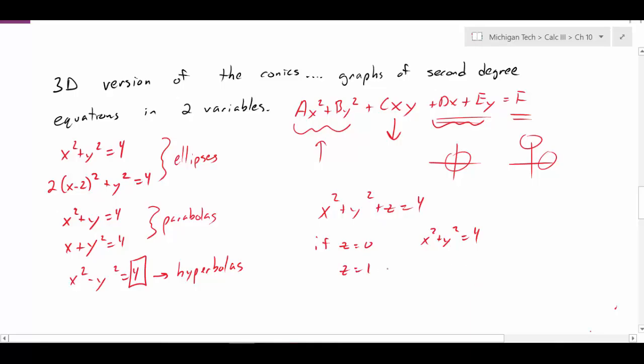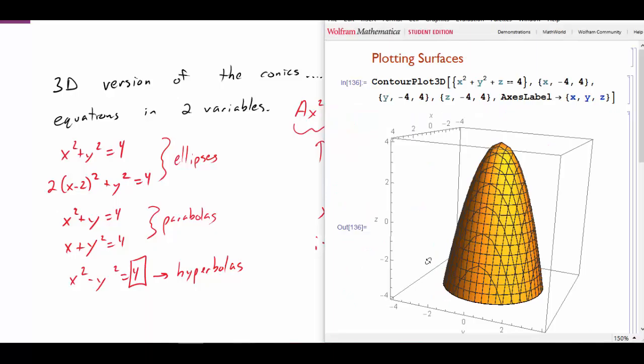And as I shift my plane up, x squared plus y squared plus 1 equals 4, or if I subtract that 1, I would get equal to 3. If z is equal to 2, I would get x squared plus y squared equals 2, and so forth. So I can see as I move vertically, the radius of my circles decreases. And I can see that's true also from my picture here.